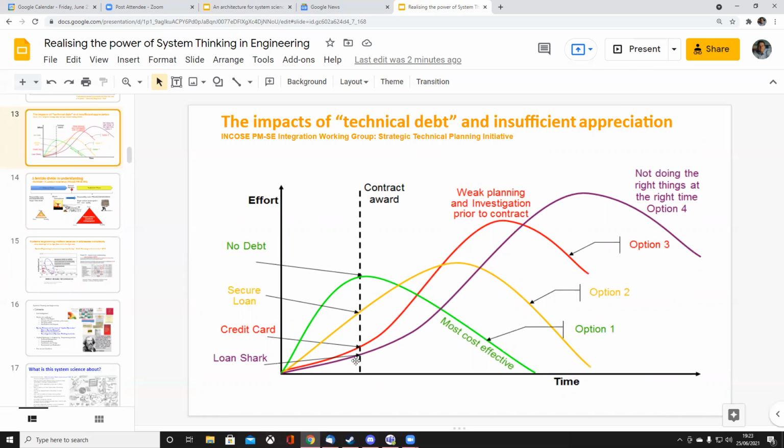Before the contract award, this is where all of the real systems engineering takes place. Once you've defined the scope and the product breakdown structure and the work breakdown structure and everything is organized, the project can really start. If you start without those essentials being in place, you're going to end up with huge technical debt and a horrible project.